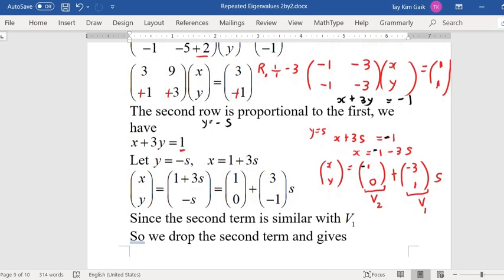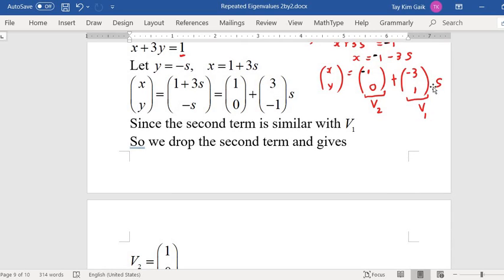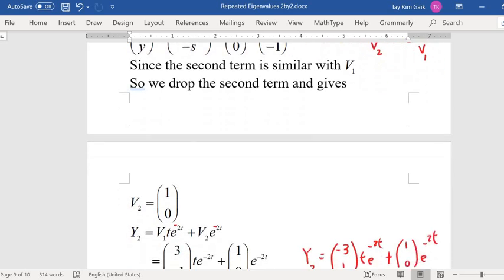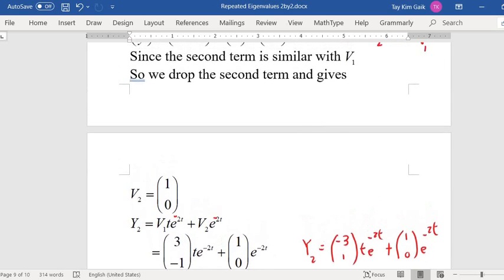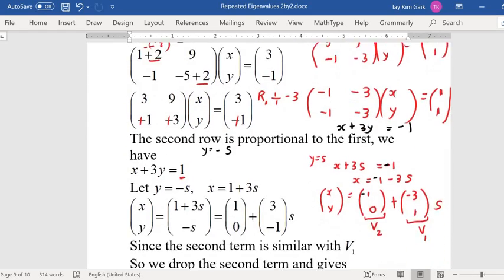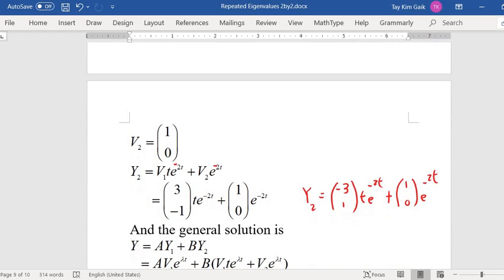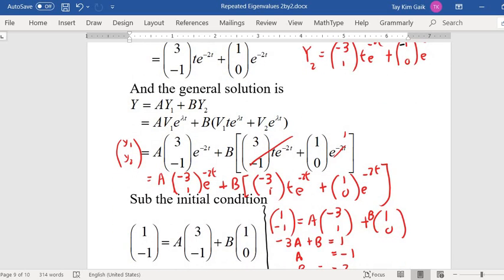So the v2 you have is negative 1, 0, and then we get back the v1 exactly, negative 3 and 1. So my v2 is negative 1 and 0.